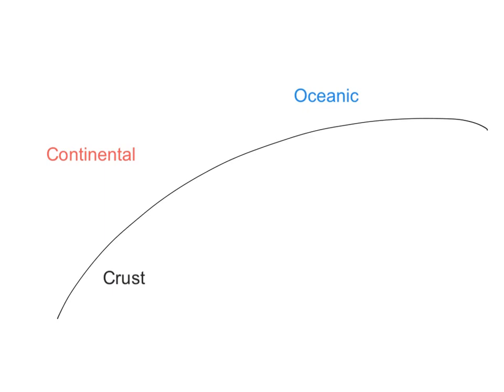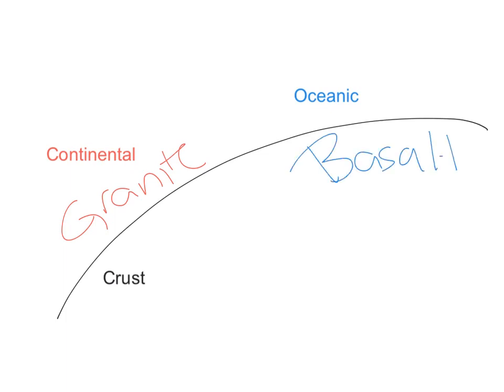Continental crust is made up of granite. Granite rock is less dense than the oceanic basalt. Both are igneous rocks, but the granite is less dense than the basalt.